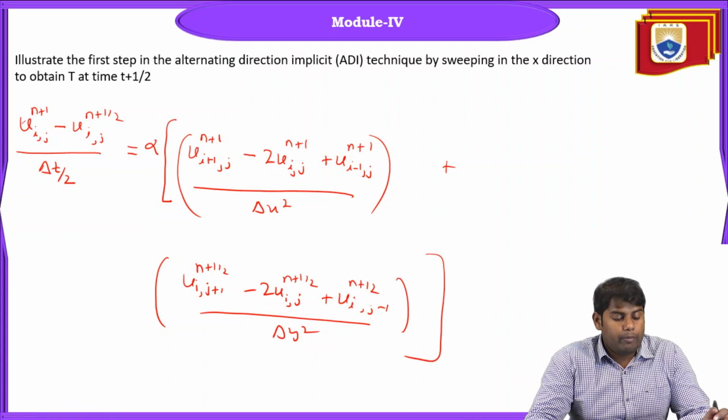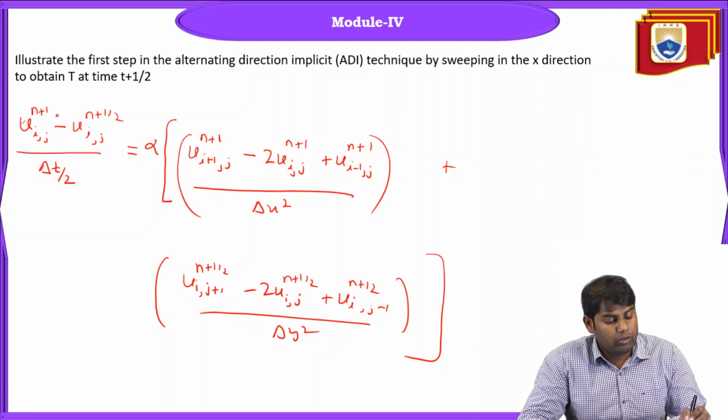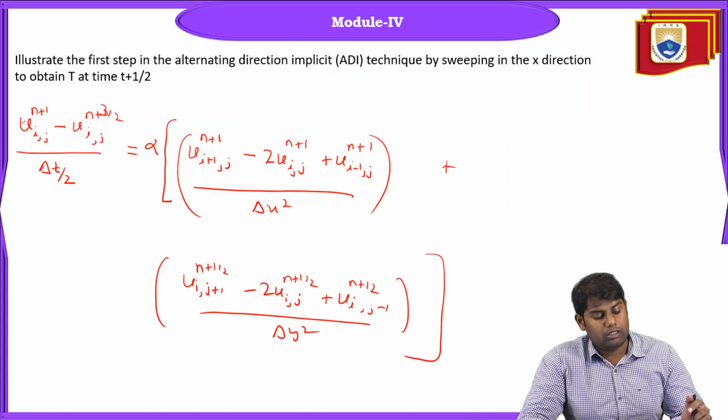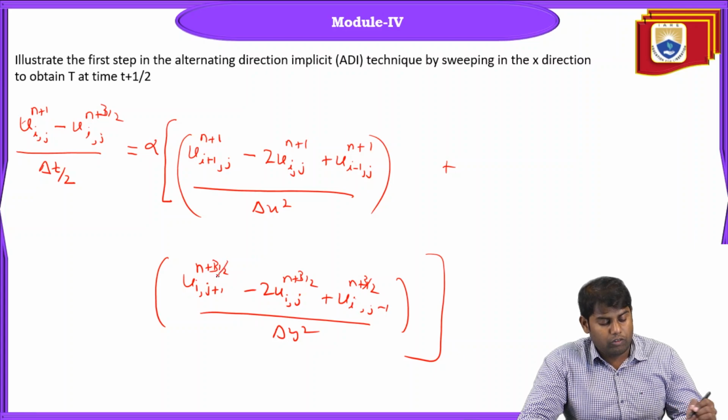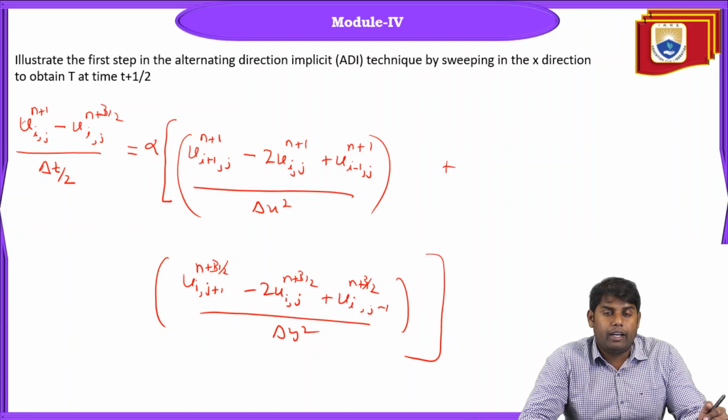So basically what happened, here actually it is 3 by 2, because already half is done. In between n and n plus half is done, so the next time would be 3 by 2, which is of the other half.